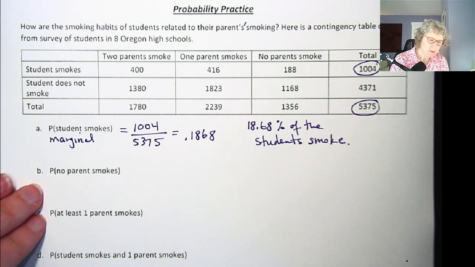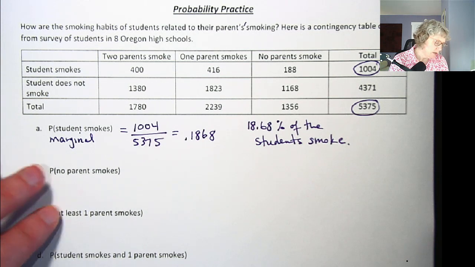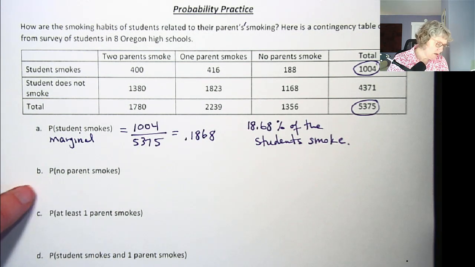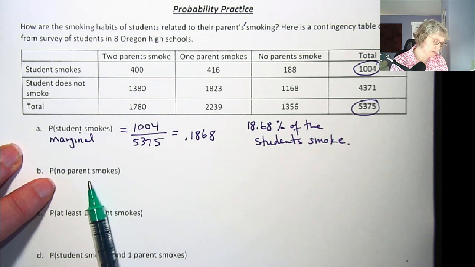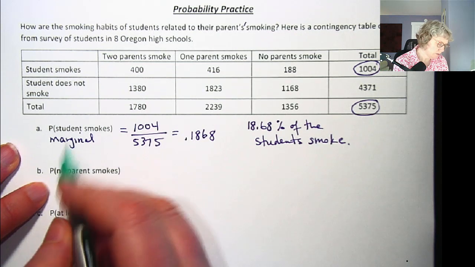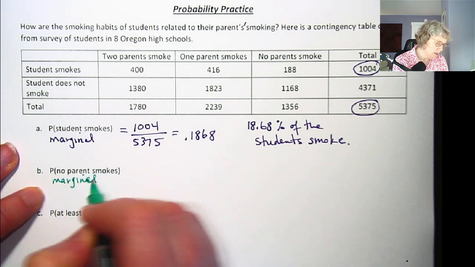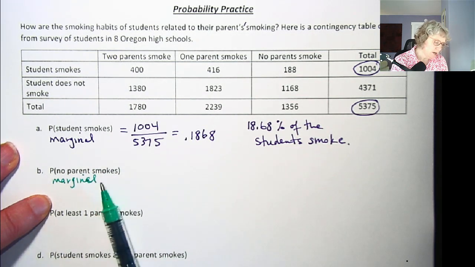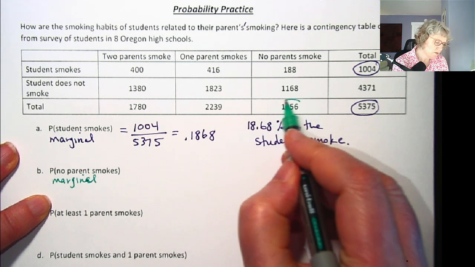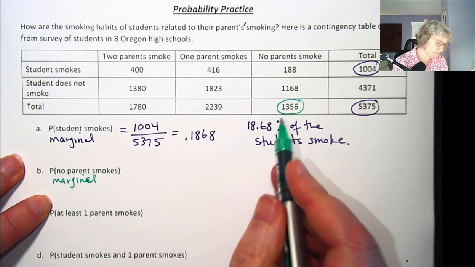Okay, what's the probability that none of their parents smoke? Again, this is only referring to one variable. Now it's just the parents, not saying anything about whether the student smokes or not. So this is also marginal. Neither or none of their parents smoke, so that would be the total of 1,356, the total of the no parents smoke column.